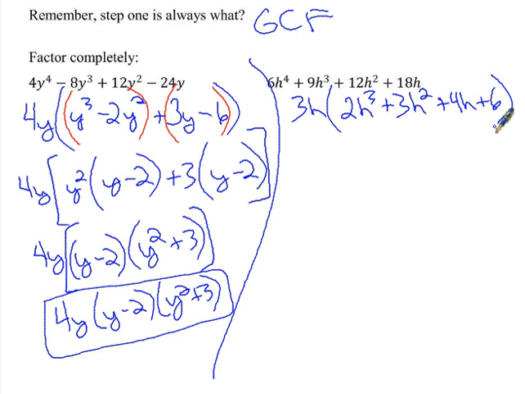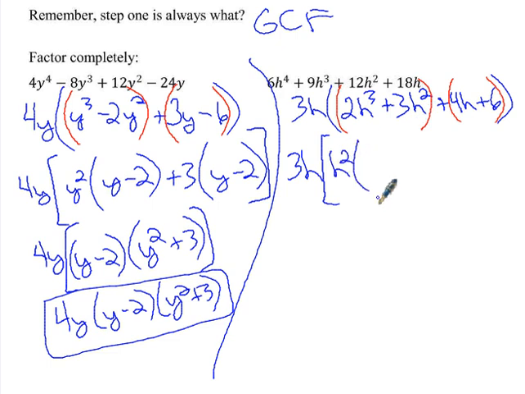Now what? Now draw in your grouping symbols. So I'm going to group here and here, and then group here and here. Now what? So the 3H is still out front, right? Bracket, because I don't want to get confused. The GCF of this group is h squared, that's correct.